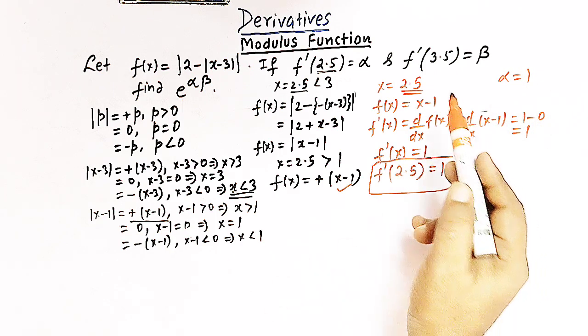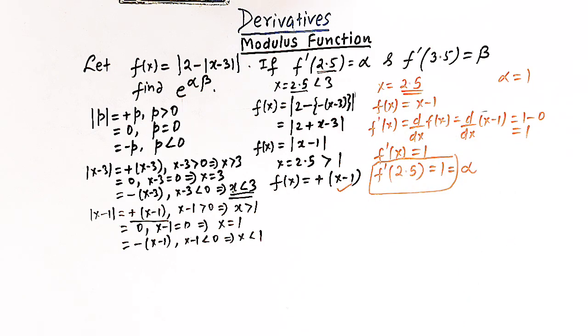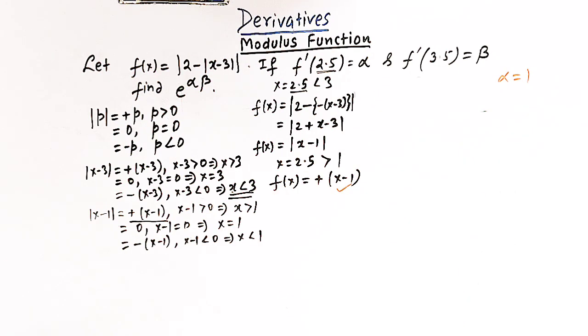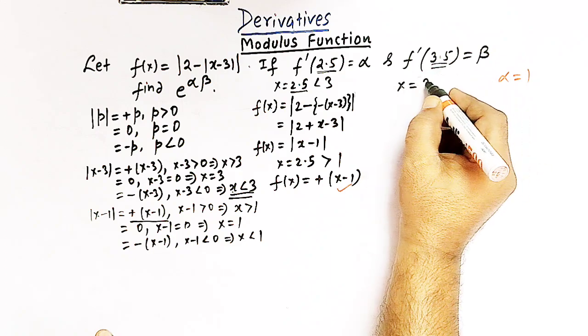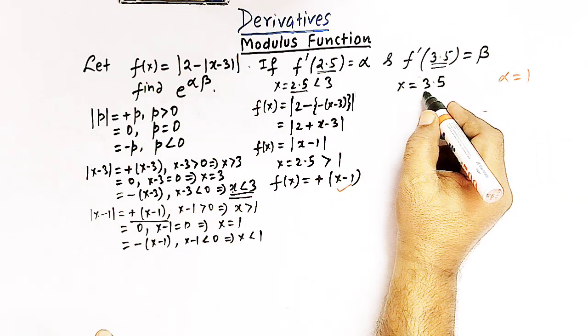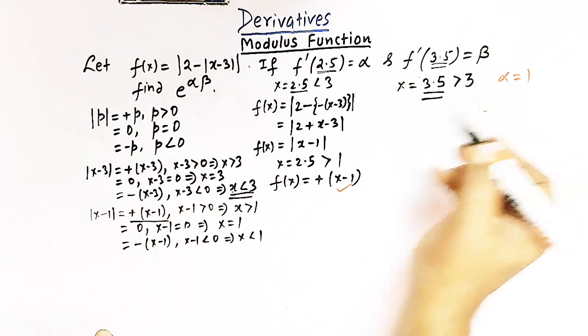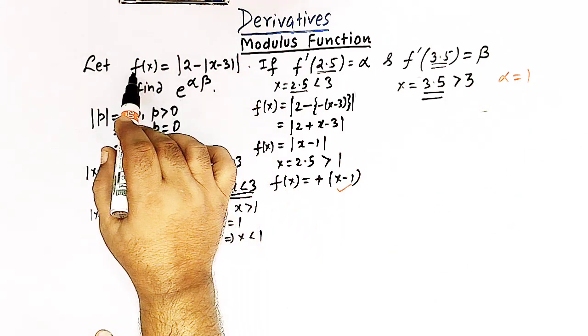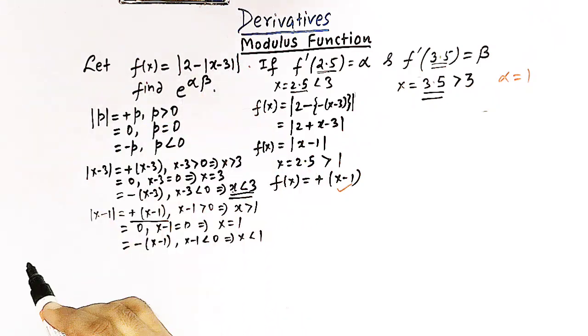So now let us calculate the value of f prime of 3.5. So now our point of consideration is 3.5, and this point 3.5 is greater than 3, right? And here f of x is given as mod of 2 minus mod of x minus 3.